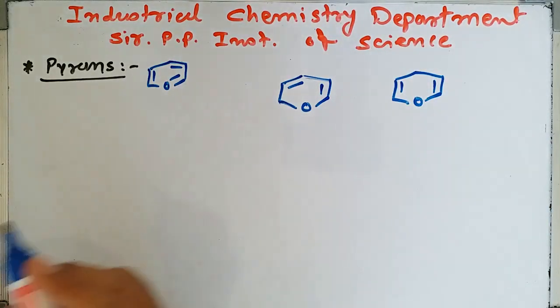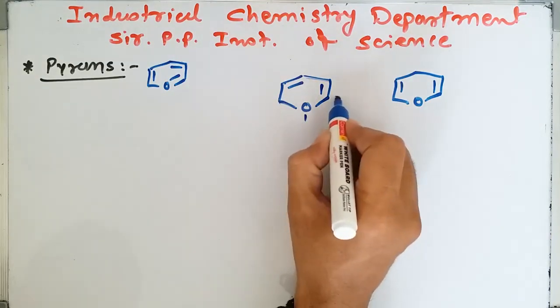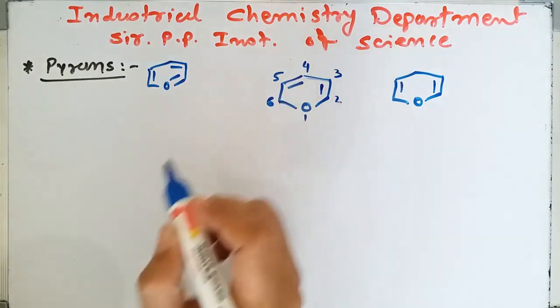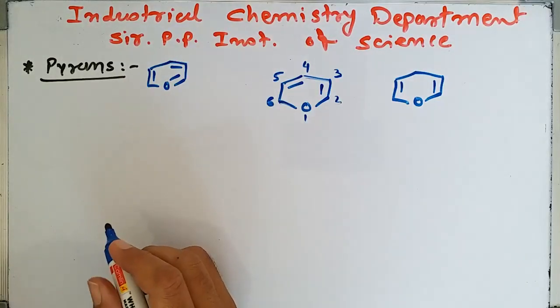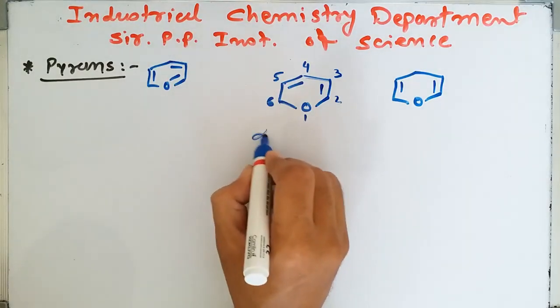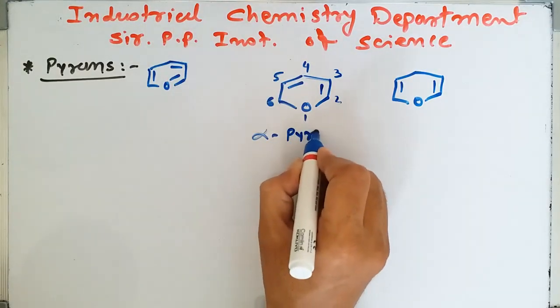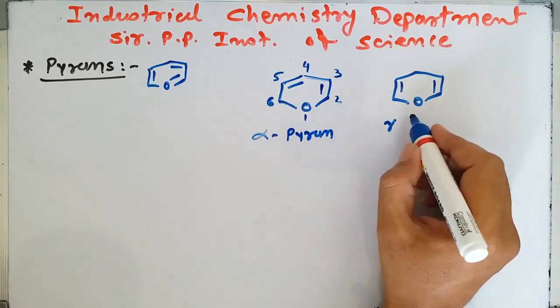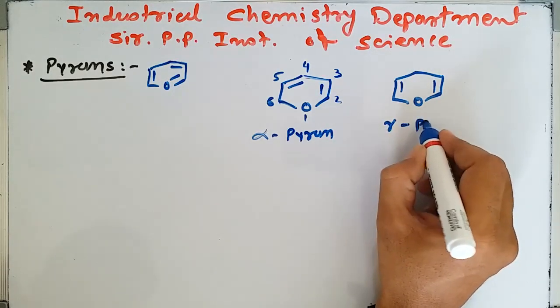If we give numbering, then 1, 2, 3, 4, 5, 6. This is alpha pyran, and this is gamma pyran.